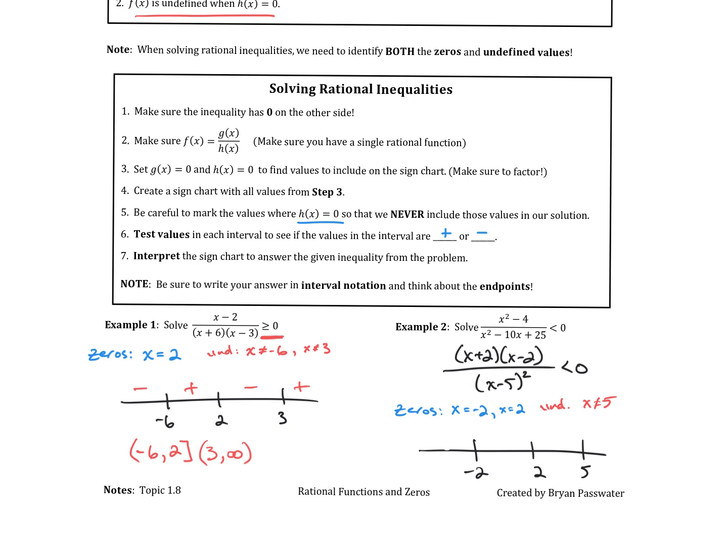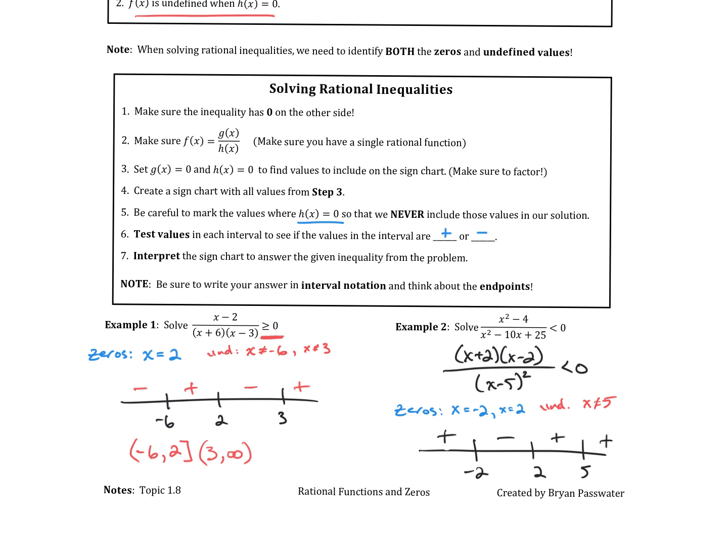And then something in between -2 and 2, like 0. What do we get in the numerator? Positive and a negative, which makes it negative. And something between 2 and 5, like 3, gives a positive, which makes it positive. How about something after 5, like 6? That makes it positive.